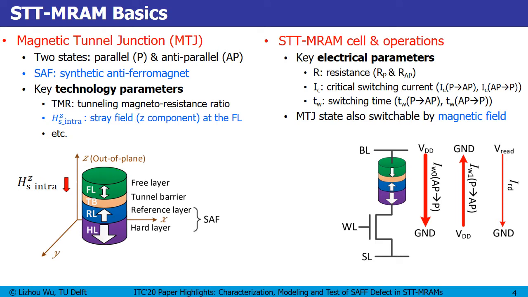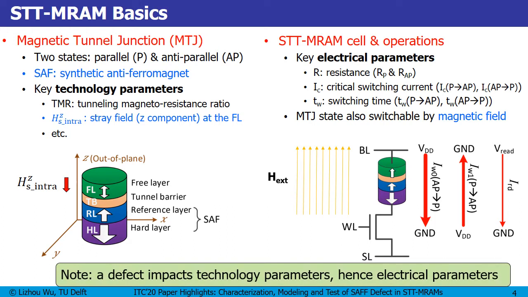Apart from electrical current, you can also apply a magnetic field to switch the MTJ states. So if there is a defect in the MTJ device, these defects may impact the technology parameters, and in turn, electrical parameters will be impacted as a result.